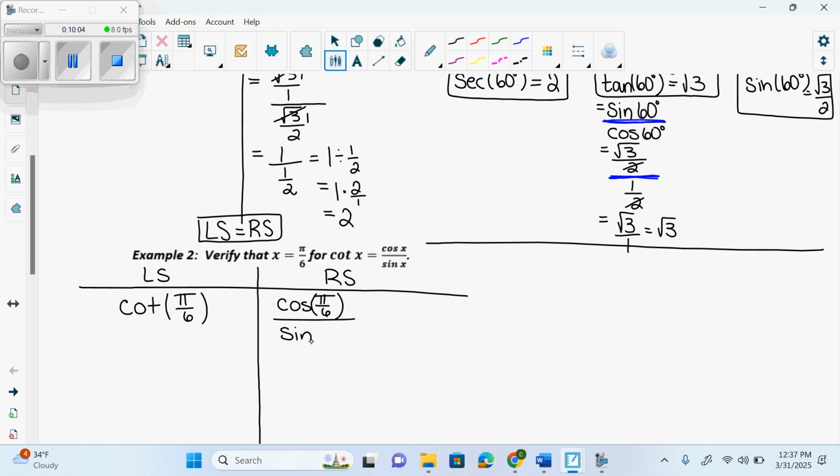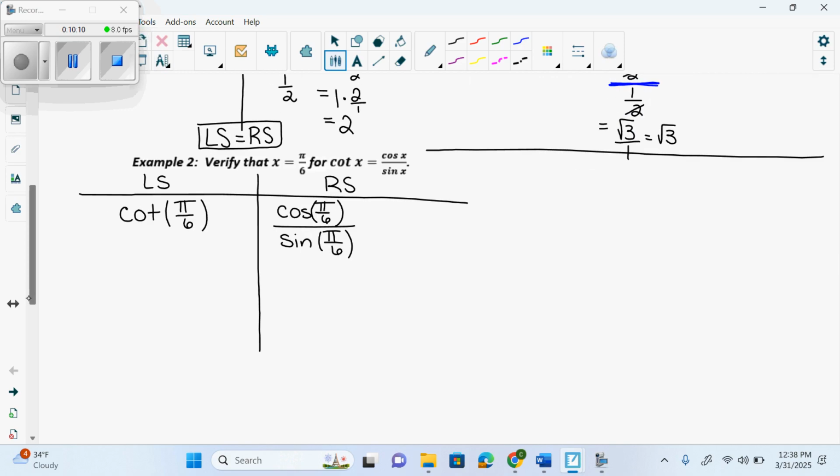Fun fact, these are going to match because that's the way we're going to find cotan anyways. So, we need cos of pi over 6, the answer. We need sine of pi over 6, the answer. And we need cotan of pi over 6. So what is cos of pi over 6? On your unit circle.